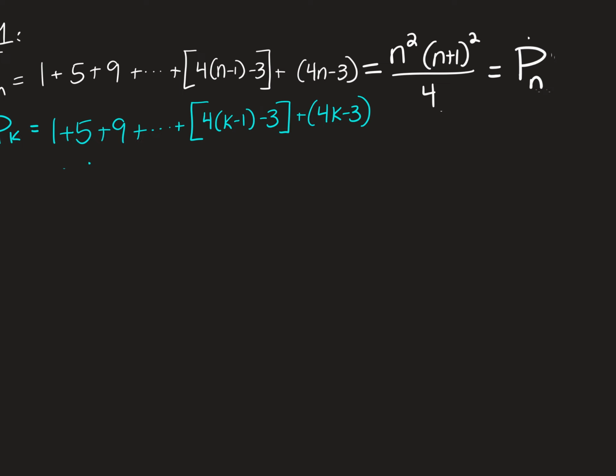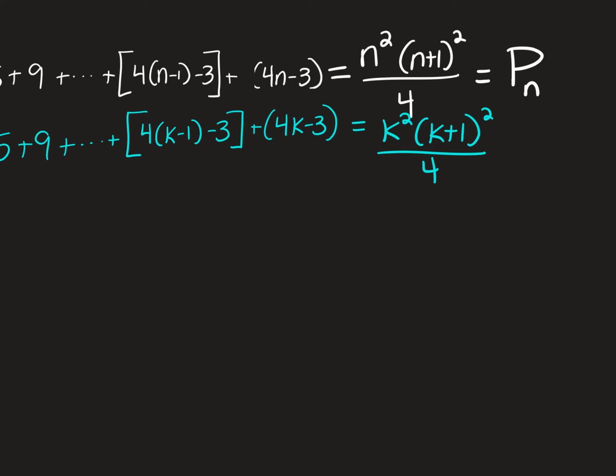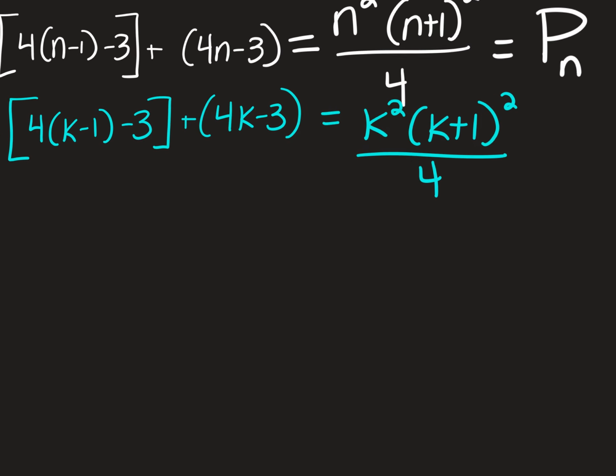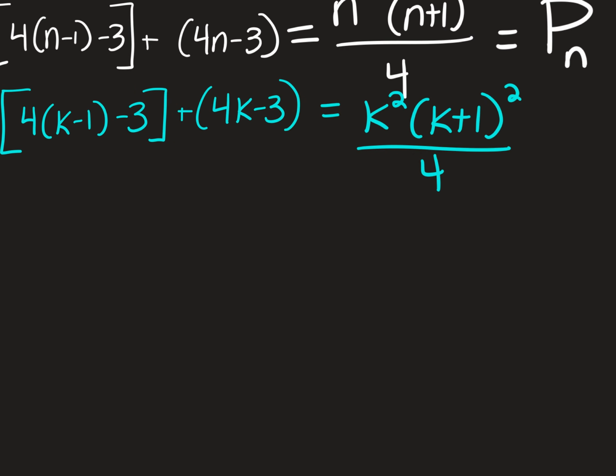And I need to do that over here as well. So I would have k squared times k plus 1 squared over 4. I apologize, it's a little tough to see right there. Okay, that's the P sub k statement.